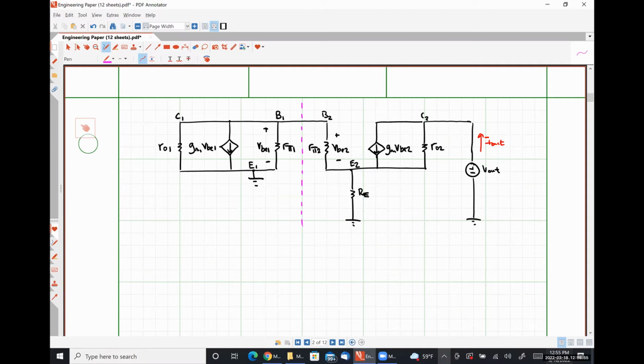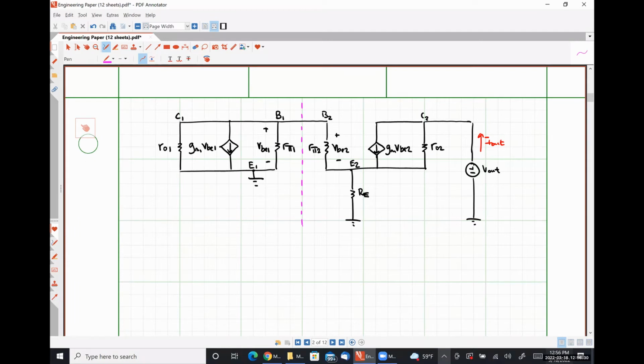We have a diode connected BJT. So this current source, GM1 VBE1, looks like a resistor having a value of 1 over GM1, right? Because there's a linear relationship between the voltage drop across that current source and the current flowing through the current source, so we can treat it like a resistor. So we would have R01 in parallel with R pi 1 in parallel with 1 over GM1.